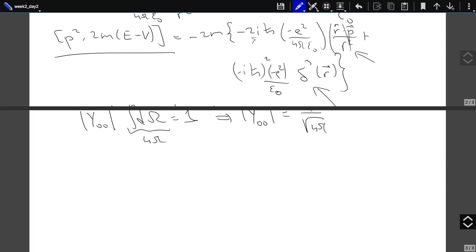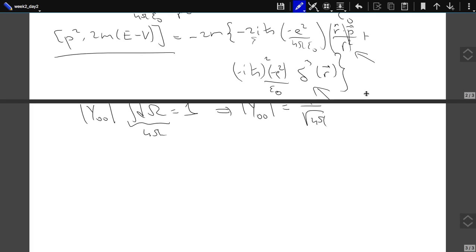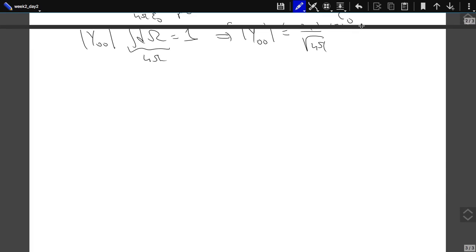Okay, so let's continue calculating the other corrections to the spectrum. We had already calculated the relativistic corrections. Let me write the full expression of the relativistic correction.